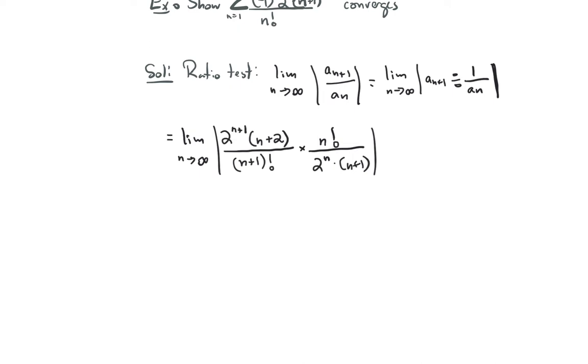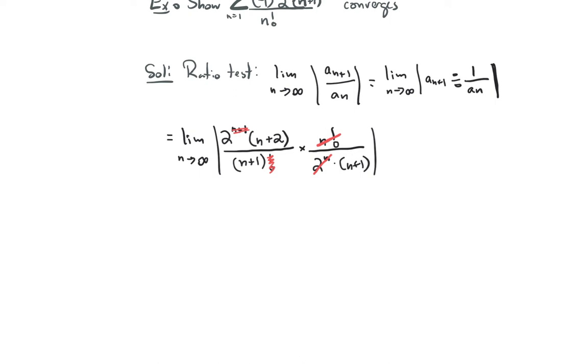Okay, so here's where we get to cancel a lot of things. We see we have n plus 1 2's here and n 2's here. So all of these n 2's cancel off with all but one of those 2's. For the n plus 1 factorial, well, that's all the numbers from 1 up to n plus 1 multiplied together. This is all the numbers from 1 to n multiplied together. So we can get rid of all of these guys, and we're only left with an n plus 1 in the denominator.